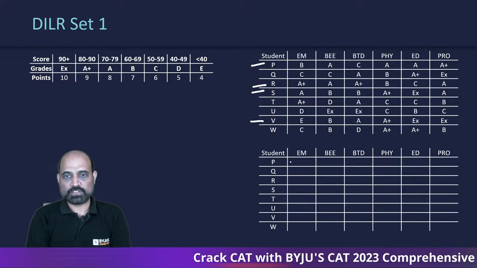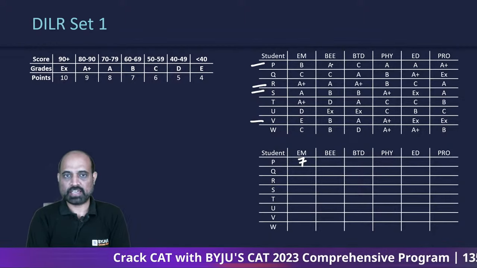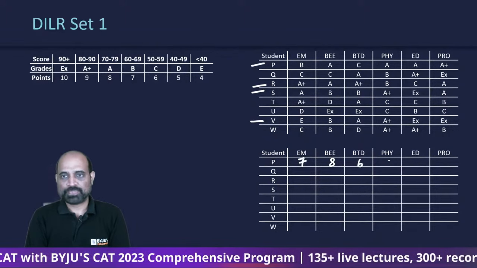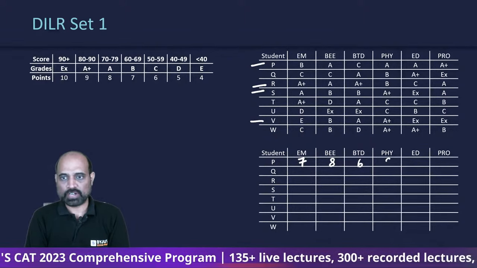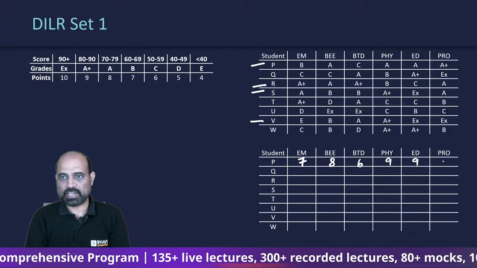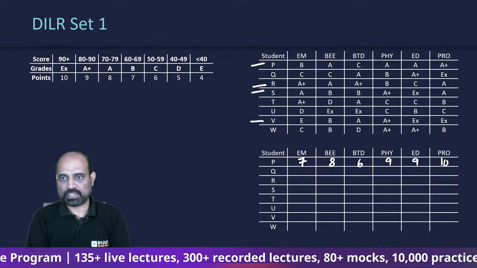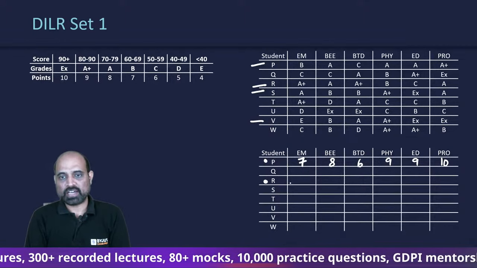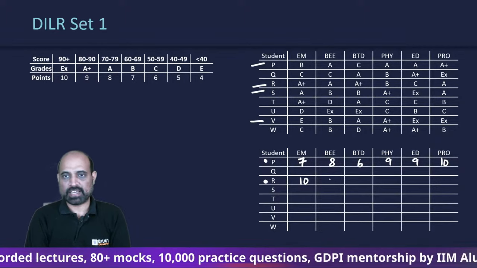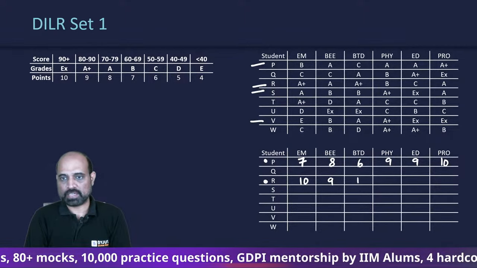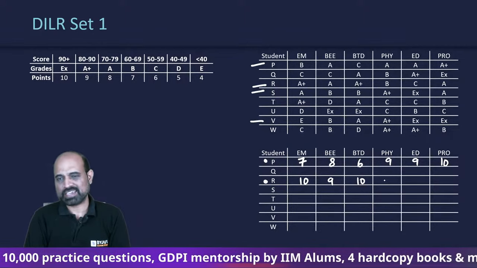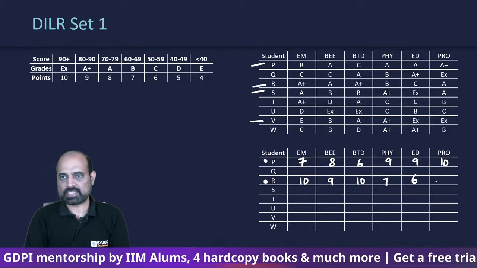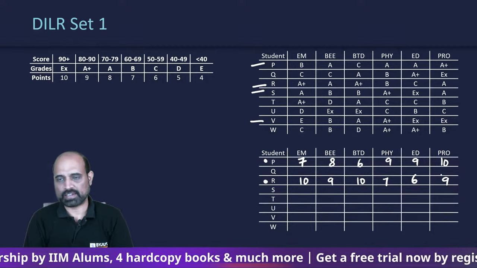So B stands for 7, so I will write 7. A grade stands for 8, C stands for 6, A stands for 9, A stands for 9, and A plus stands for 10. So we're done with P. Then R. So if you look at R, A plus is 10, A is 9, A plus is 10, B is 7, C grade is 6, and A grade is 9.